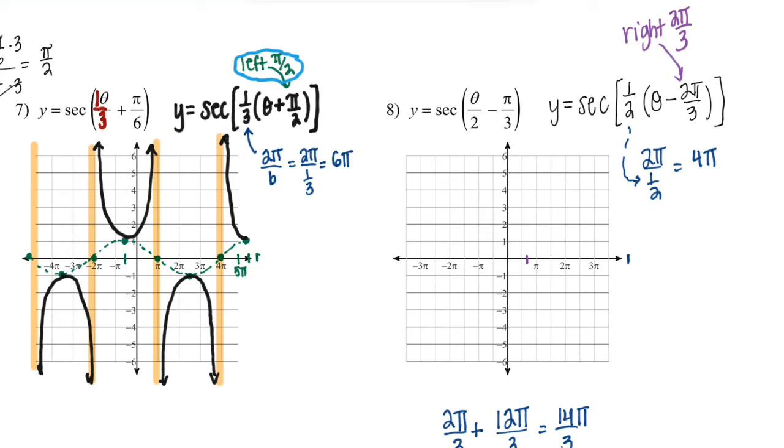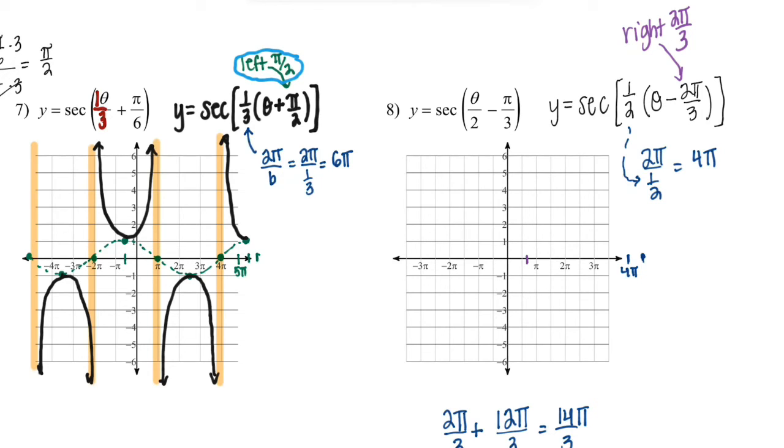So it's 4 2/3. So we're not going to be able to get a full cycle to the right. This is 4 pi. And I need to go a little bit further out there. I can guesstimate that that's where maybe the 14 pi over 3 might land.